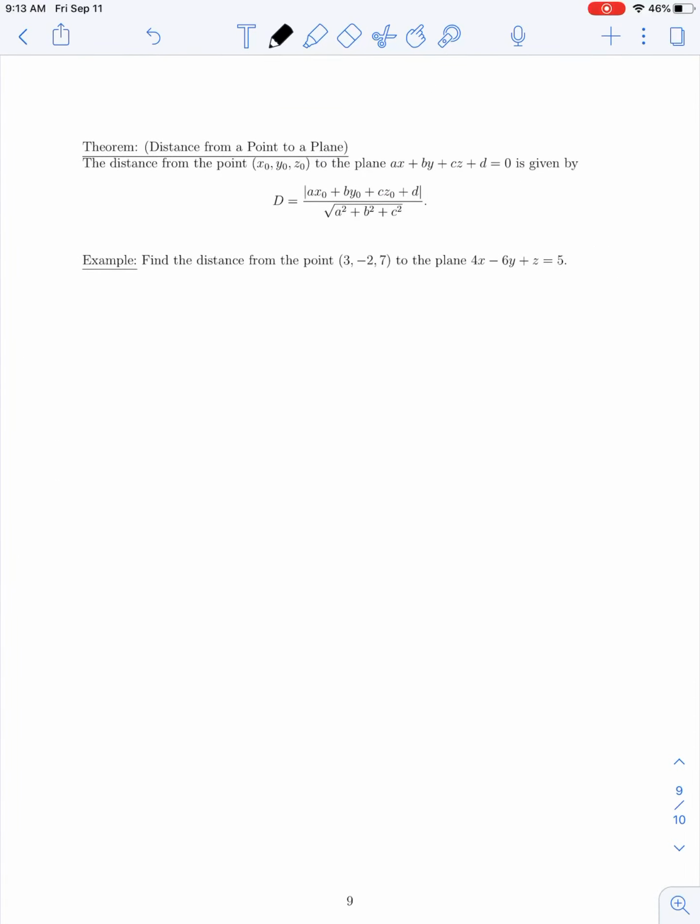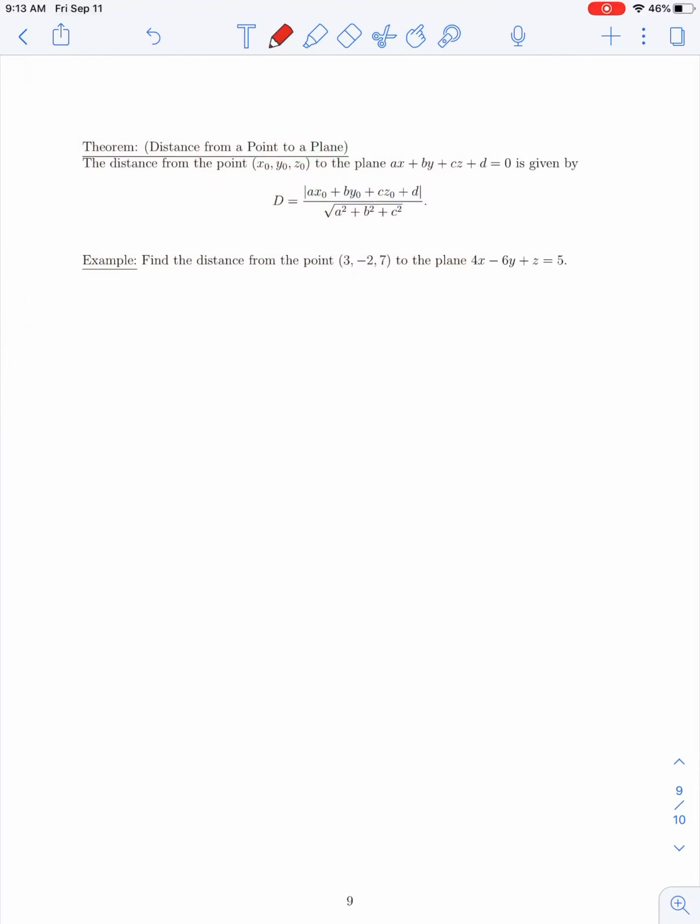Now the next thing that we'll talk about in this section is the distance from a point to a plane. In the first part of this section, we had defined lines in space, and we found a formula for the distance from a point to a line. So what about the distance from a point to a plane?